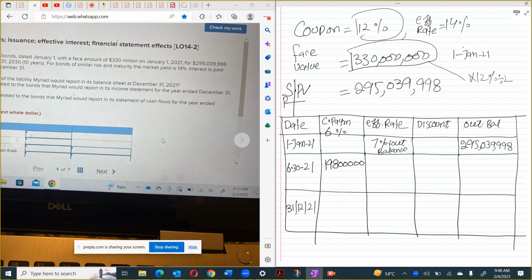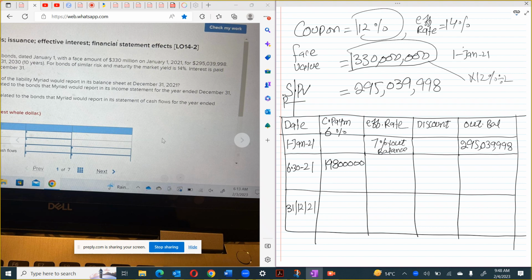It is 20652799, so you will round it off, this will be 20652800. Now, how will you calculate the discount amount?